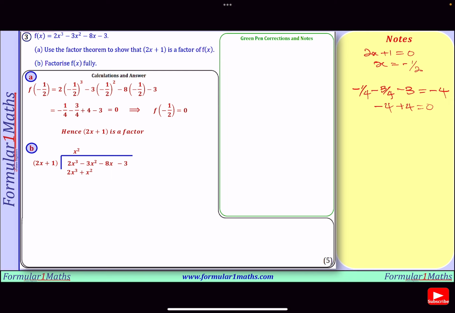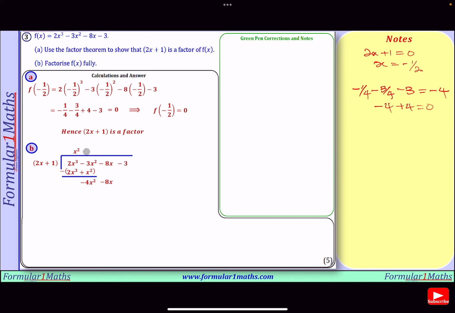Then I do my subtraction, and 2x cubed minus 2x cubed is nothing. Minus 3x squared minus x squared is minus 4x squared. Then I'll bring down the minus 8x down here, and I'll get minus 4x squared minus 8x.